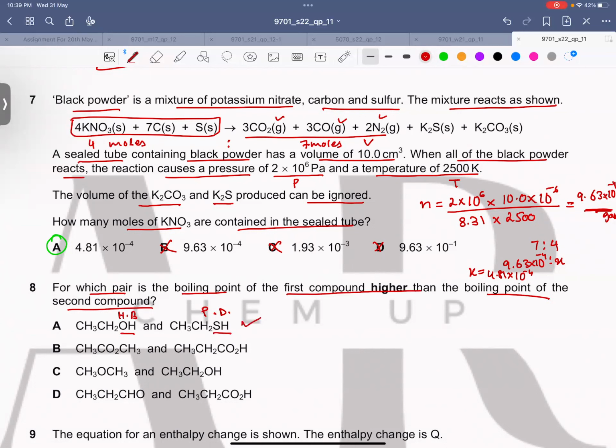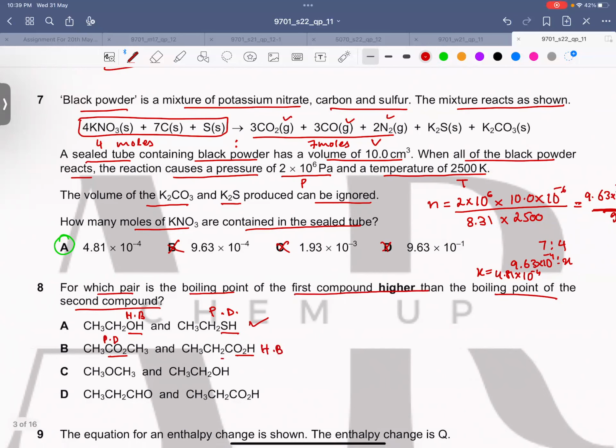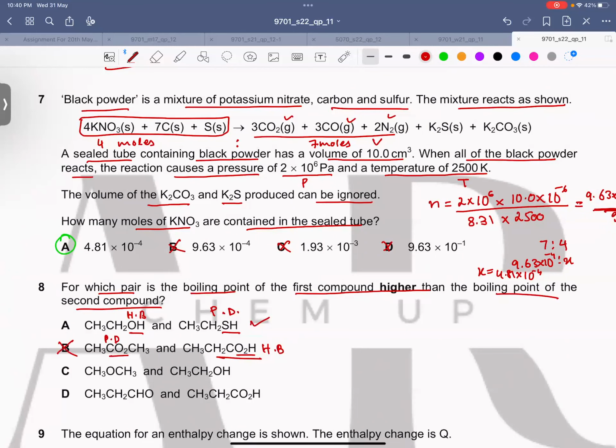So this is the correct one according to the requirement of the examiner. Here it's a permanent dipole, and here there is a hydrogen bond. So this one, carboxylic acid, has a higher boiling point as compared to ester. So B goes wrong. In the same way, here the second compound has a hydrogen bond and the first has a permanent dipole, so C goes wrong.